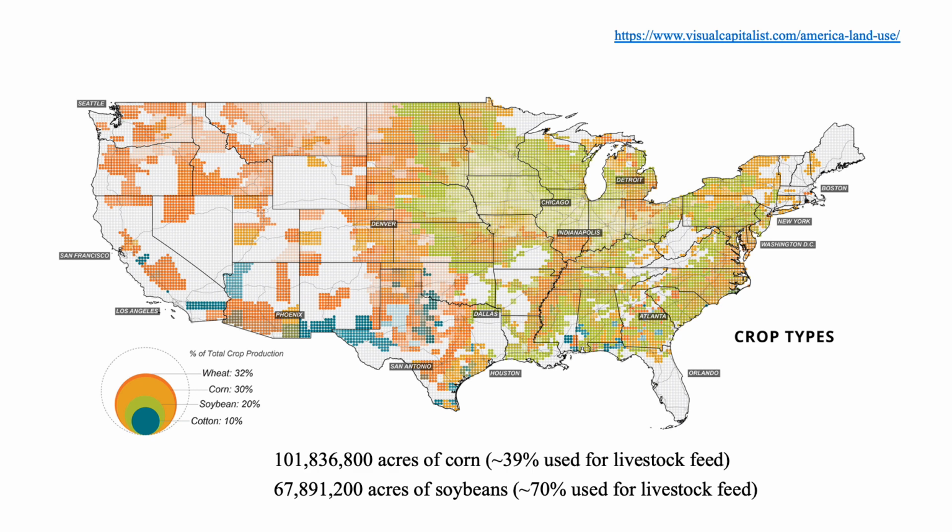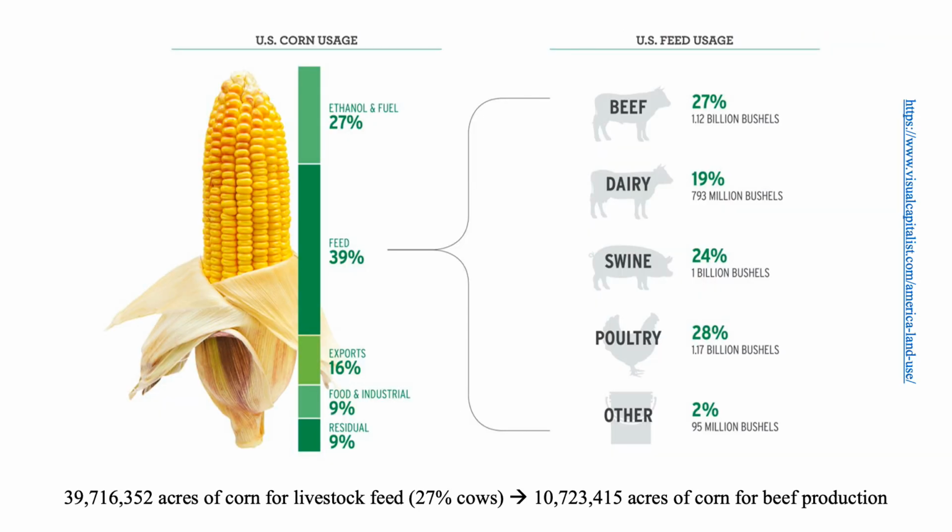And you can see here at the bottom that I've annotated that that translates to about 100 million acres of corn, about 39% of it used for livestock feed, and about 67 million acres of soybeans, about 70% of that used for livestock feed. And so here's a breakdown of what happens to field corn that's grown in the U.S. Field corn should be distinguished from sweet corn, which is what we humans eat as corn on the cob.